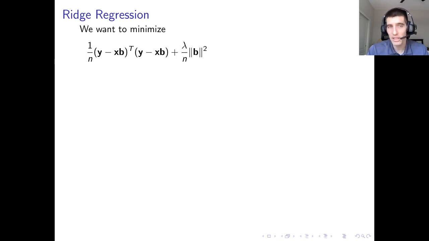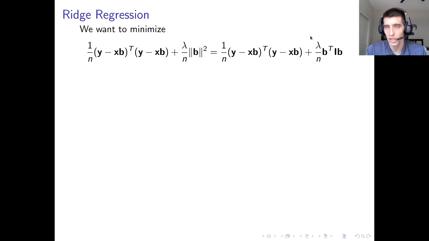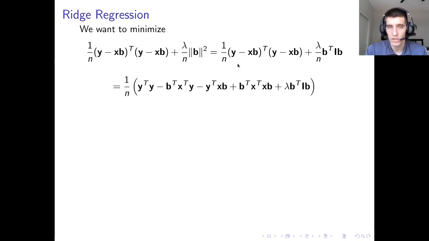So we want to minimize the empirical mean squared error plus some penalty term. First, I rewrote this in a way that makes the algebra a little easier, as the inner product of b with itself, and I put an identity matrix in there for a reason that will become clear in a little bit. Okay, so I'll expand out this matrix multiplication.